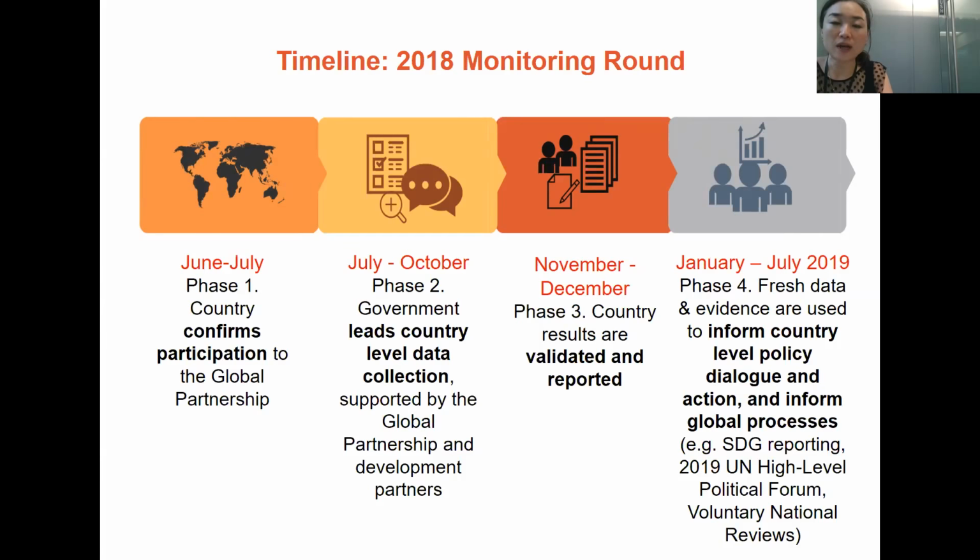And also in a way that the data generated and storylines produced from the country-led monitoring process feed timely into the SDG reporting and the FFD fora, as well as the 2019 Global Partnership Senior Level Meeting that will happen in July 2019. So this is more or less the bigger picture of the monitoring round for 2018.